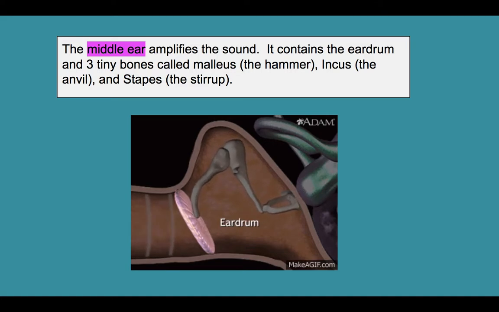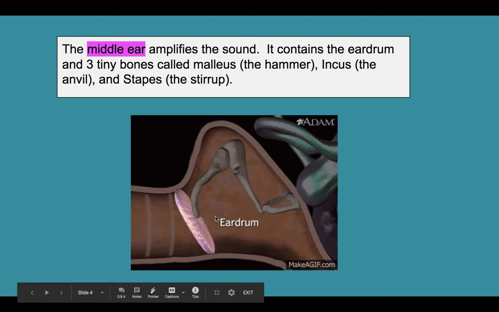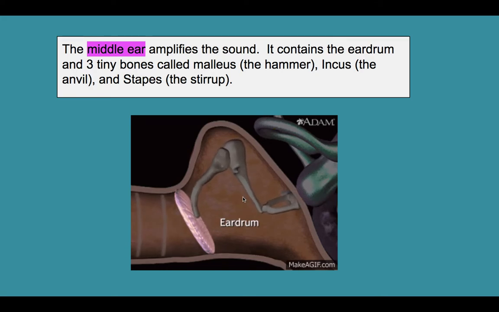The middle ear amplifies the sound. In the middle ear, you have your eardrum here. You have three tiny bones behind it called the malleus, or the hammer, the incus, or the anvil, and the stapes, or the stirrup, because it looks like a stirrup when you're riding a horse and you put your foot in.